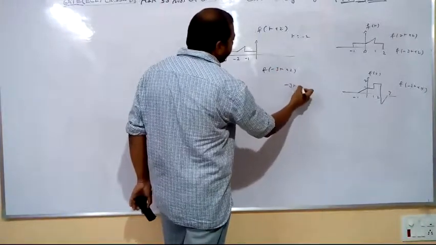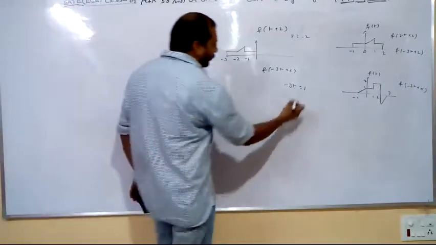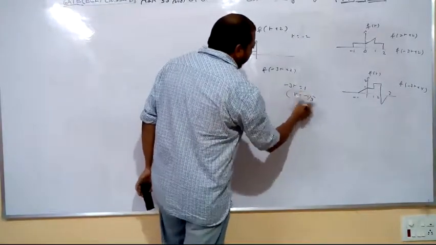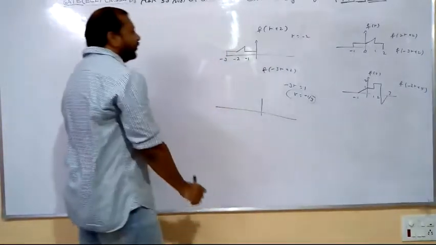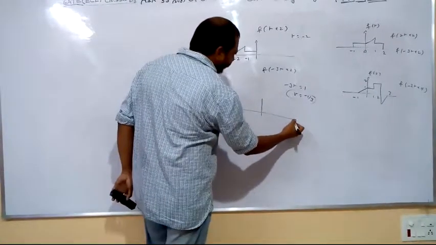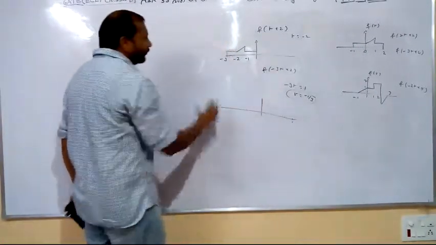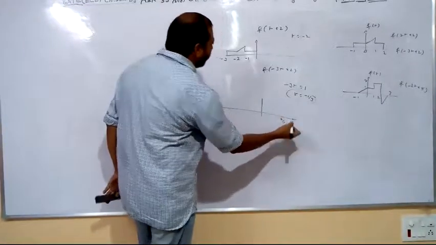Simply equate minus 3t equal to 1, so t is equal to minus 1 by 3. Multiply this t equal to minus 1 by 3 to each and every instance of the signal. This minus 1 by 3 will become your 1. This minus 2 into minus 1 by 3 will become 2 by 3.